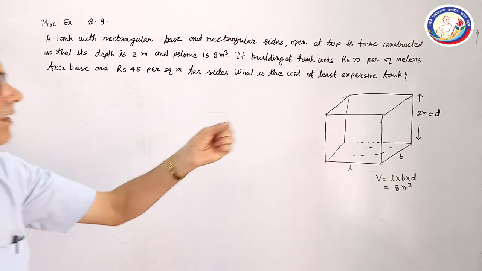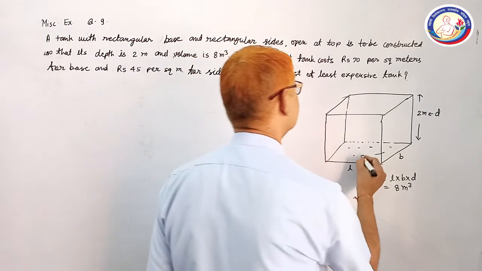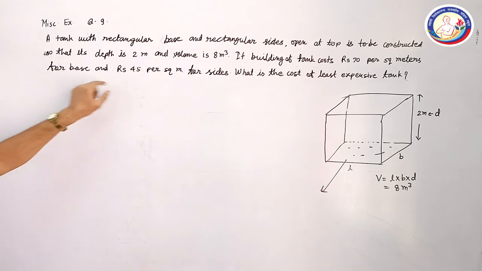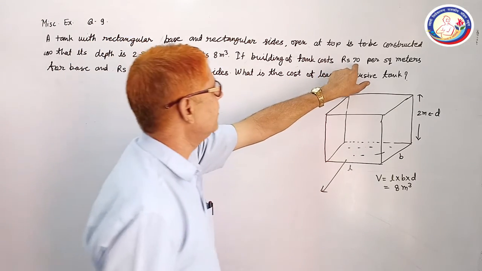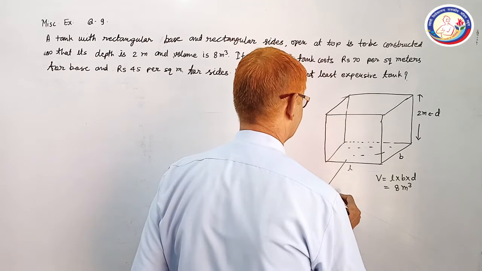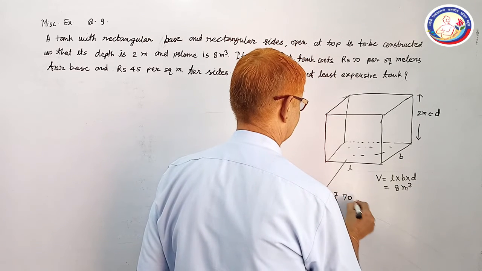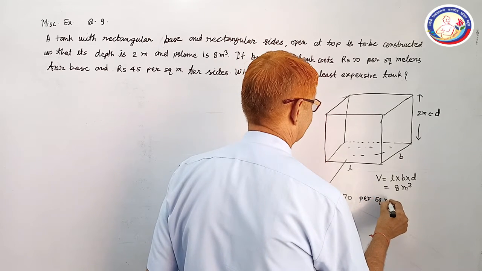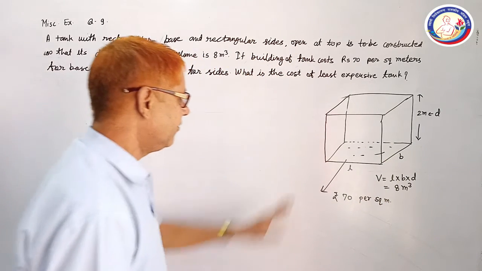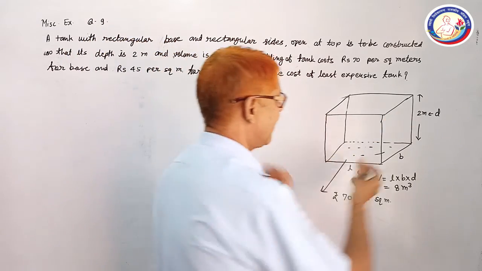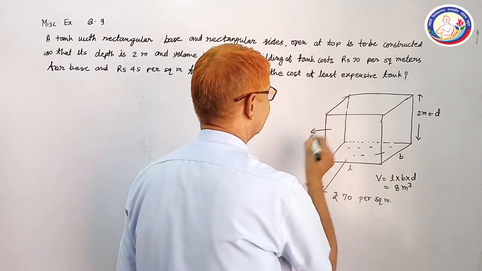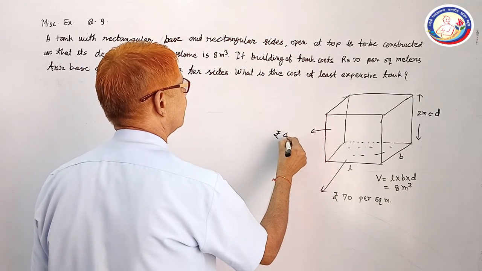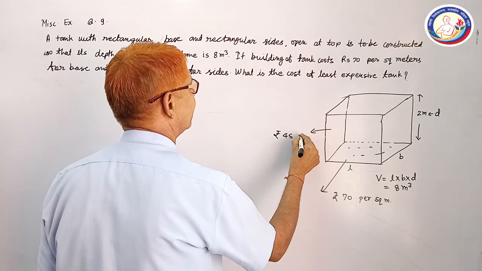This is the base. Its rate for base is 70 rupees per square meter. And 4 sides, these are 4 sides, lateral part or 4 sides. Here the rate is 45 rupees per square meter.